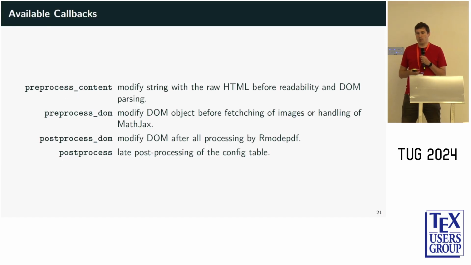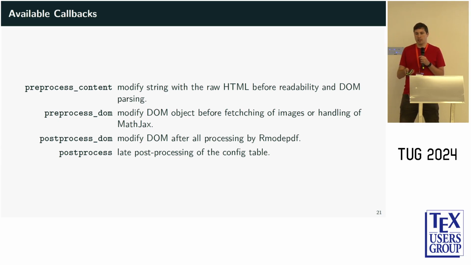Then we have callbacks that can process the HTML file. One of them, the first one, preprocess content, takes a string, and so you can use Lua string functions to modify the string.